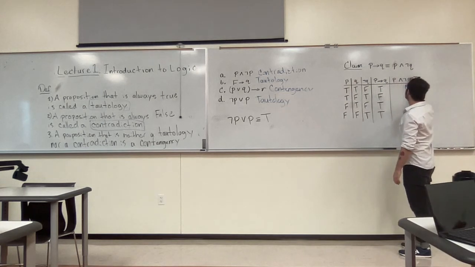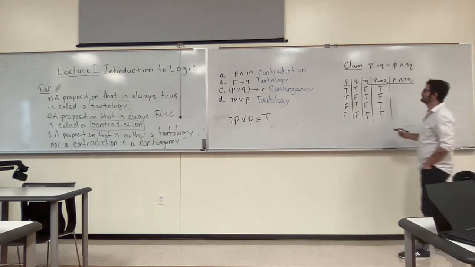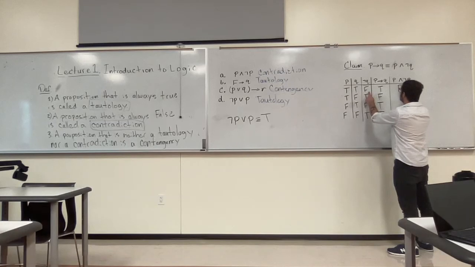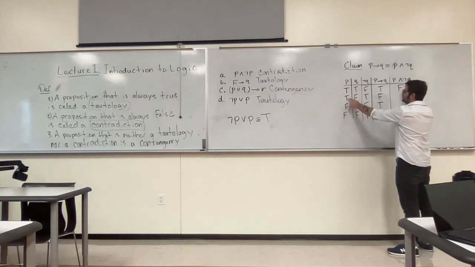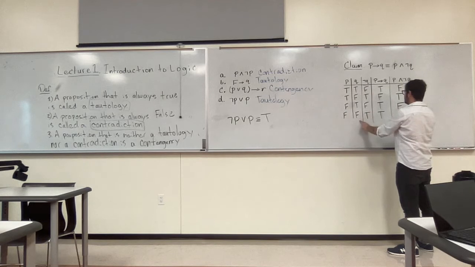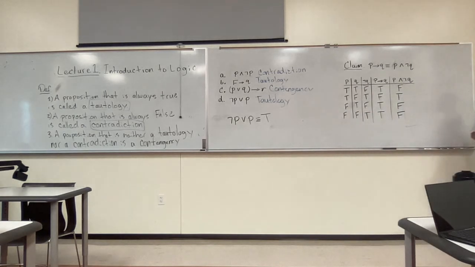P and not Q. So true and false, false. True and true, true. False and false, false. False and false, false. So it looks like we had the right entries. So no.